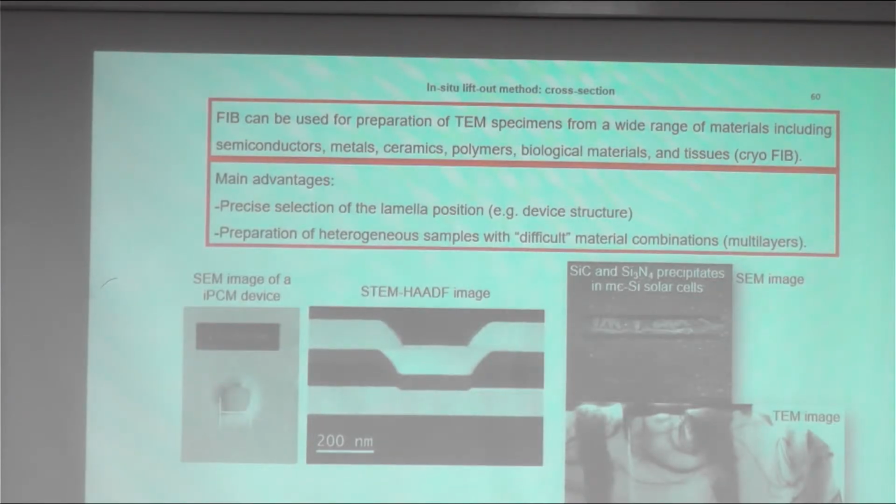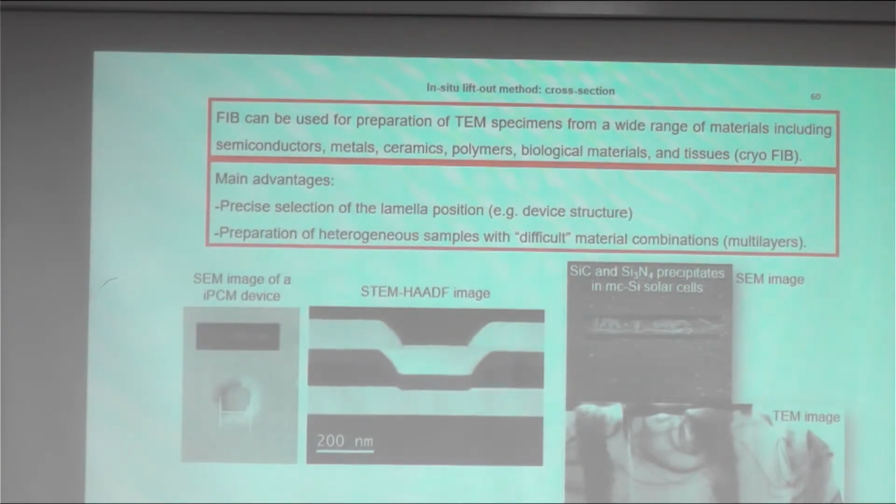In FIB, because you can image your area, you can select it, and then you can cut precisely this. So this was a PCM device. Then we could cut it. You can see here the device, two electrodes, size 250 nanometers. Very nice.